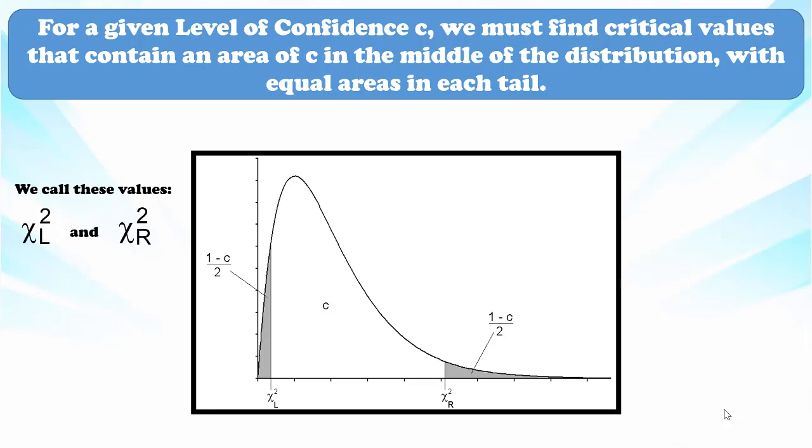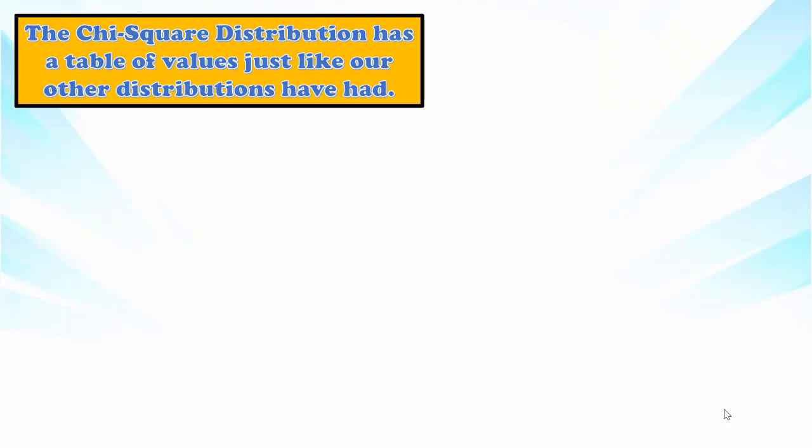Now this chi-square distribution has a table of values, and we've seen a table of values for the standard normal distribution. We've seen a table of values for the t distribution, and this chi-square distribution is no different. It has a table of values. It works a little differently, but it is still a table of values.